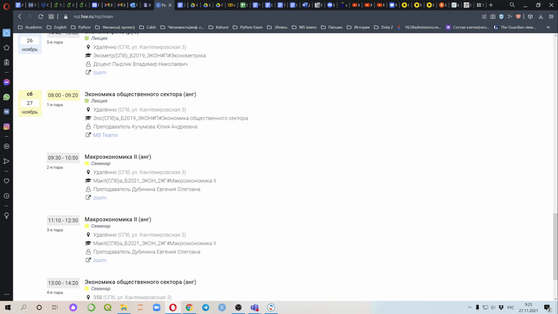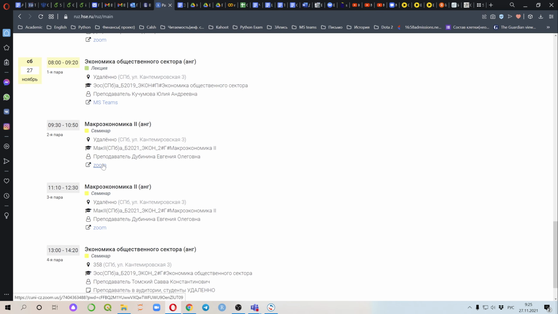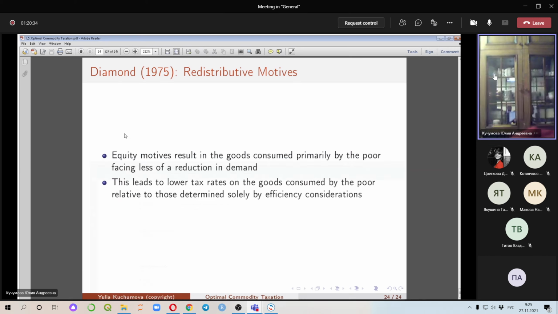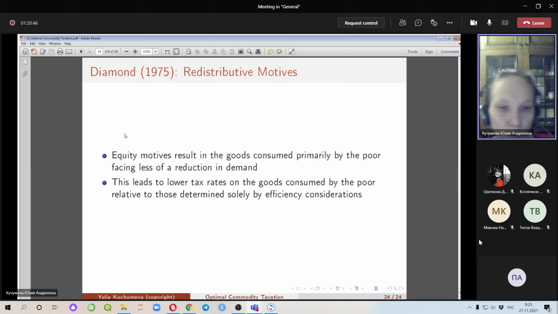Because what we obtain is that we indeed want to have low taxes on the goods consumed by the poor relative to those consumed more by the rich, and this is determined solely by efficiency consideration.